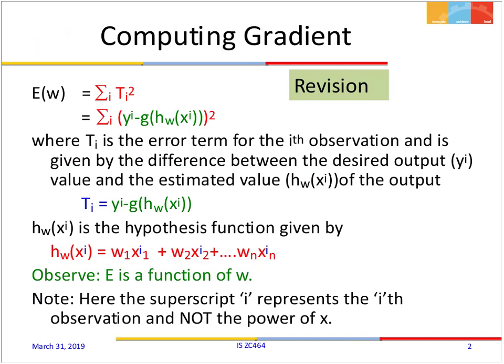I is just the index to represent the ith sample, and then there is the function g, which is known as the activation function, and then there is a complete hypothesis h_w(x_i), which is basically the weighted sum of the input. So with this, I'm not going into much detail of this. It is just a kind of a recall of what we did in the last class.